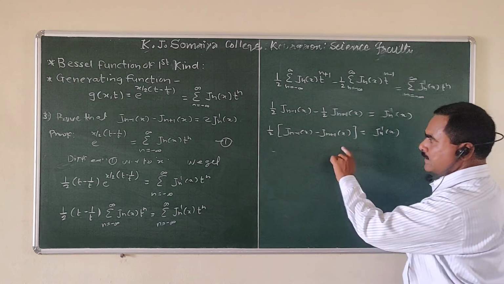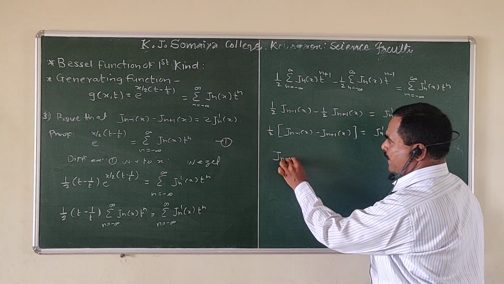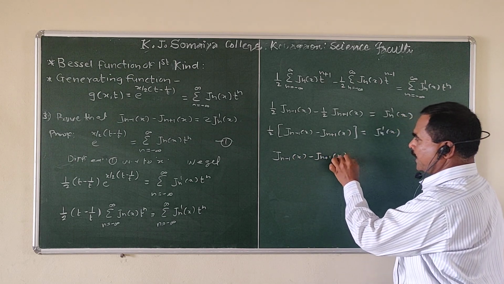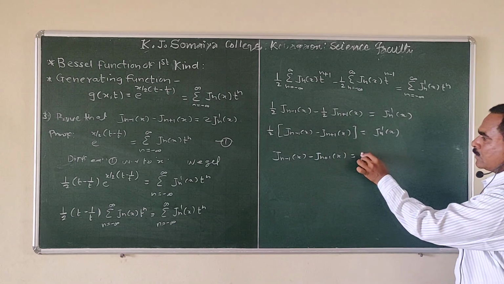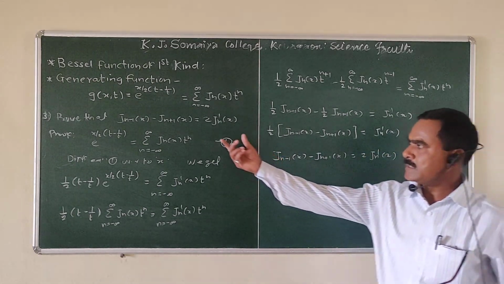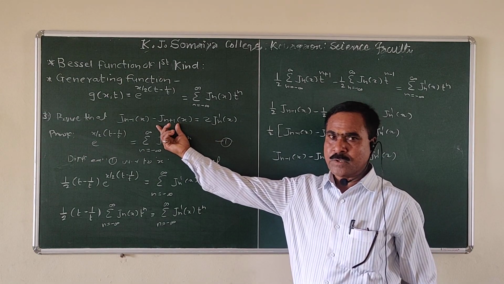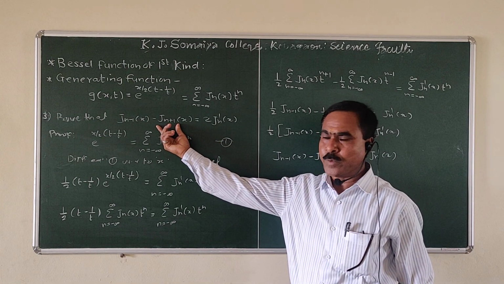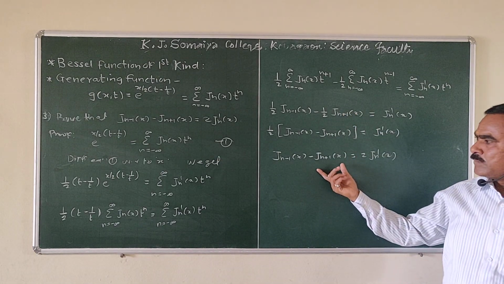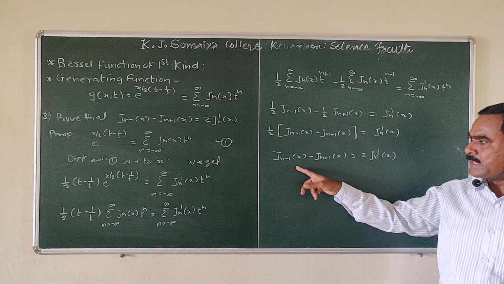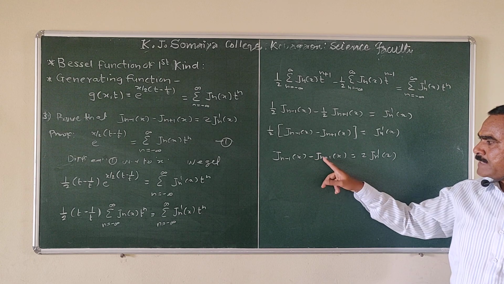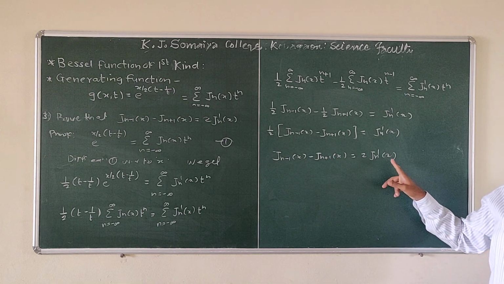So this can be written as J n minus 1 of x minus J n plus 1 of x equal to 2 J n dash x. So this is the property which we have to prove, and this is the result of that property. Yes, we have proved this property, and the result is J n minus 1 of x minus J n plus 1 of x equal to 2 J n dash x.